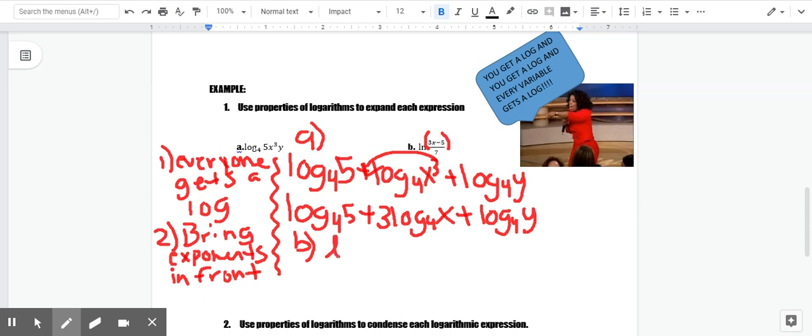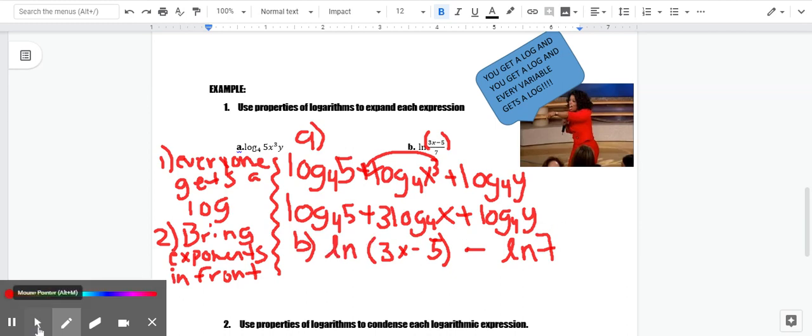So since we have ln, we're going to use ln here. Ln of 3x minus 5 minus ln of 7. And like I said before, we can't split this up because of this minus sign, these two terms go together. And in this case, we don't have any exponents, so we can just move on.